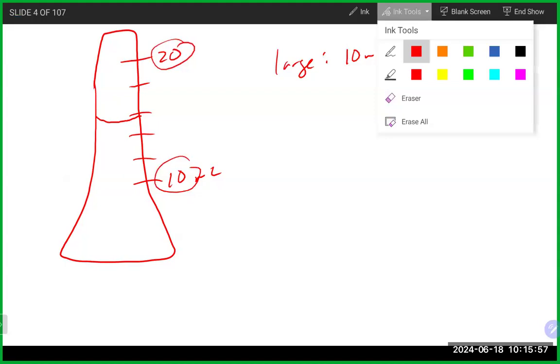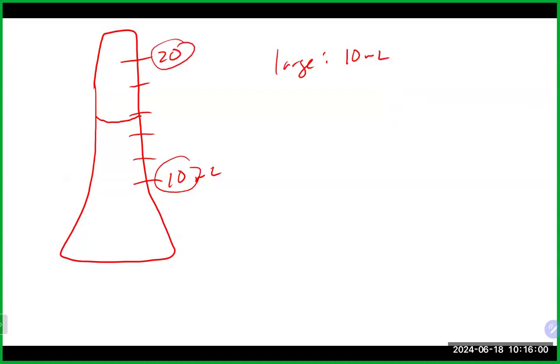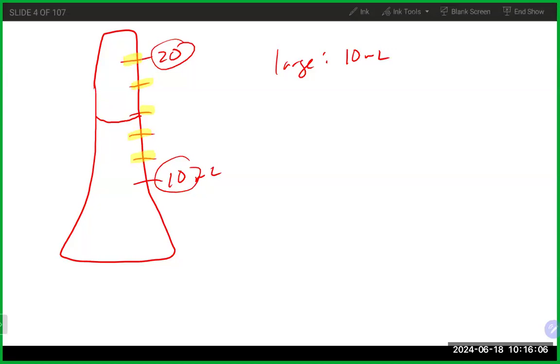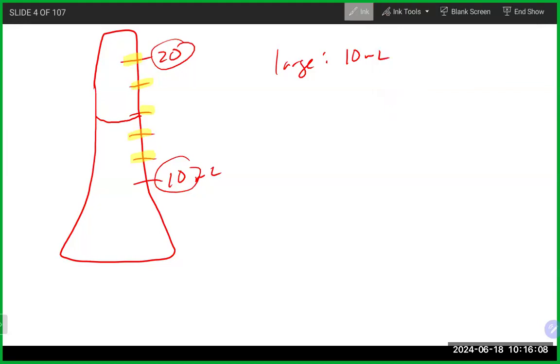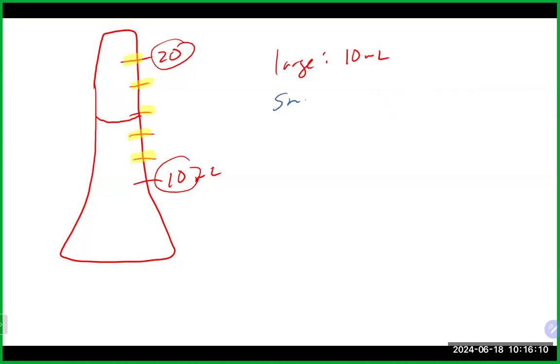If we count what we got in between, 1, 2, 3, 4, and only 5 in this case, that means each of the smallest markings represents how much? 2 milliliters, right? 10 divided by 5 is 2. That would mean 12, 14, 16, 18, 20.